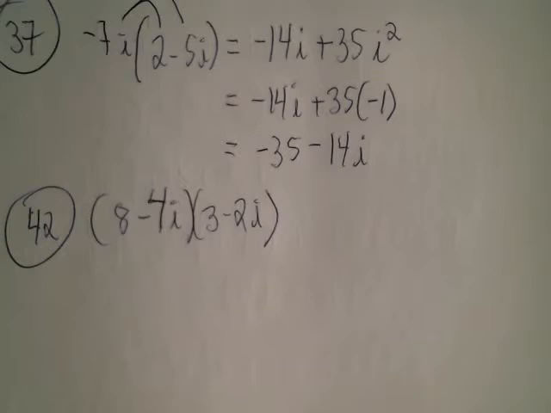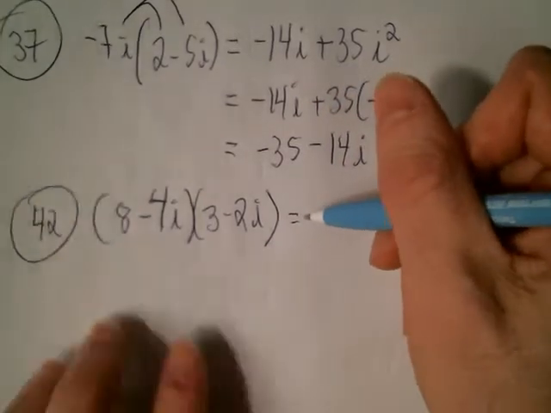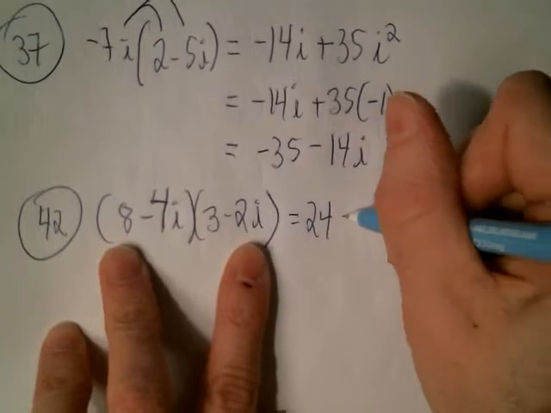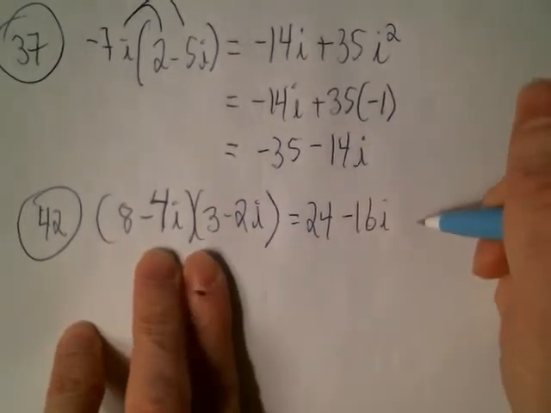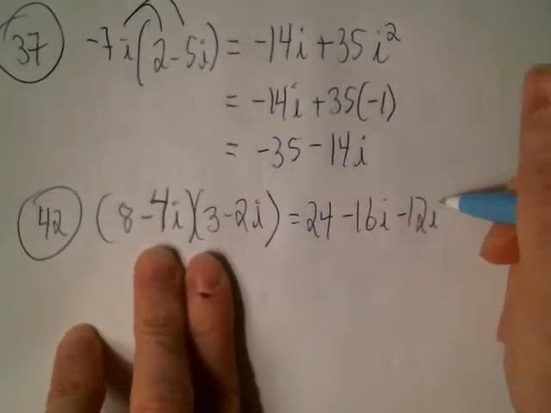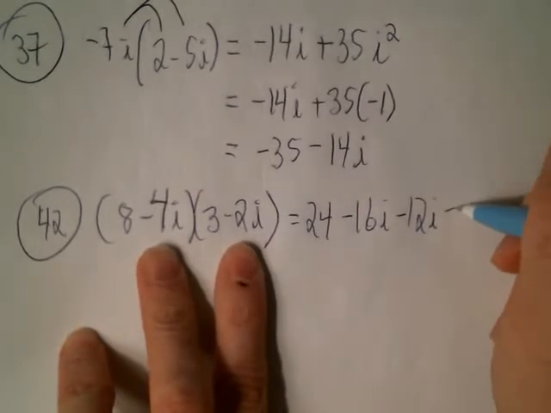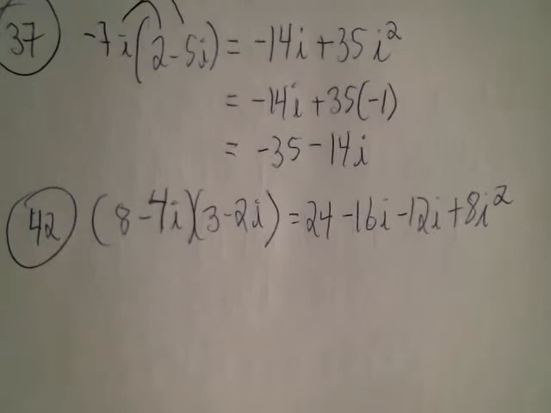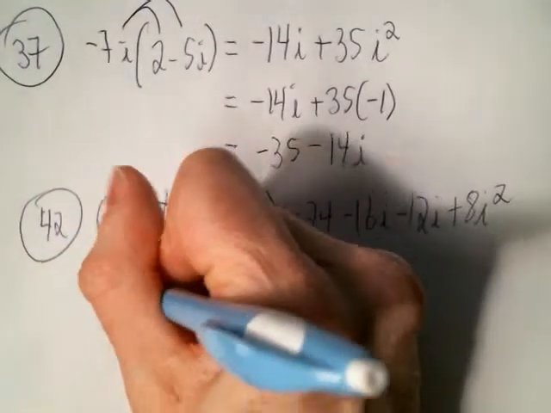So first, outer, inner, last, and yeah, it's a FOIL. So let's go at it. 8 times 3 is 24. The outer is minus 16i, the inner is minus 12i, then the last is plus 8i squared. Okay, simplify. So 24.